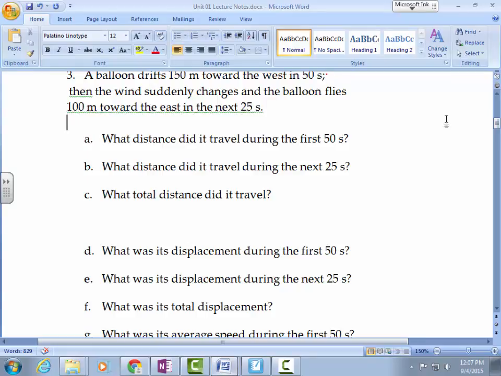So we draw our coordinate system. And which way do you want to call east? To the right. West is to the left. So what does this do? It goes 150 meters to the west, right?